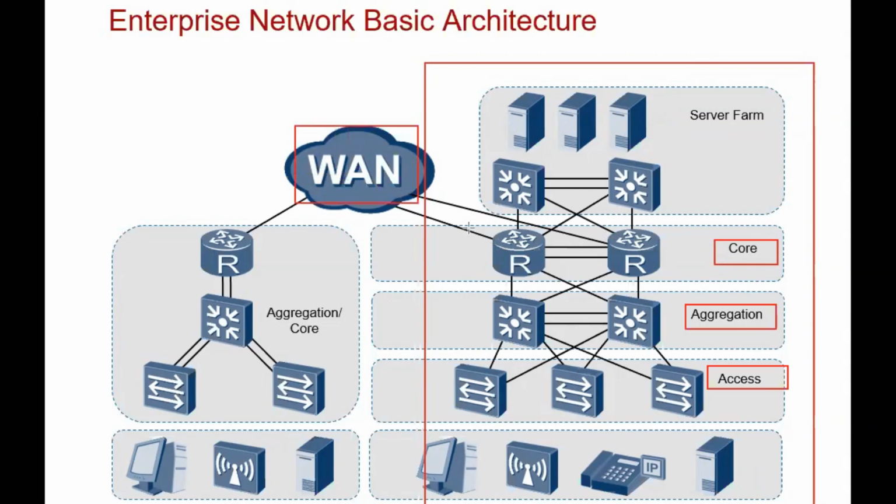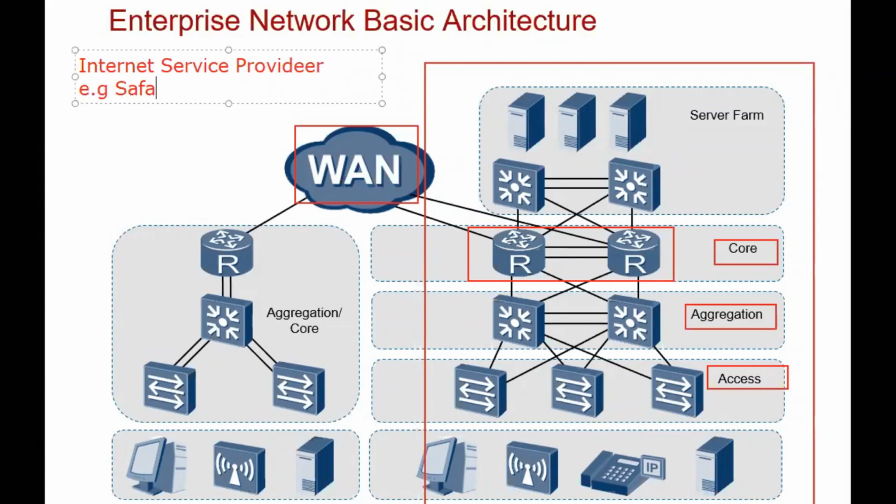Generally, at the core layer, we have devices that are called routers. We are going to look at them. Anytime you see this icon with an R, just know that this is a router. The router will connect you to your ISP. An ISP is an internet service provider, e.g., Safaricom.